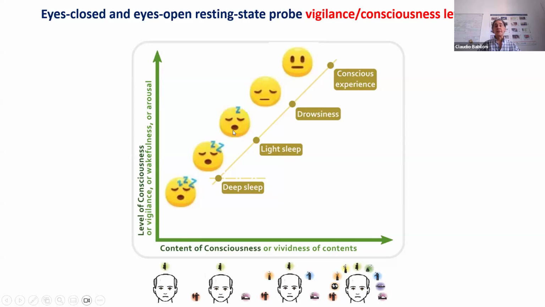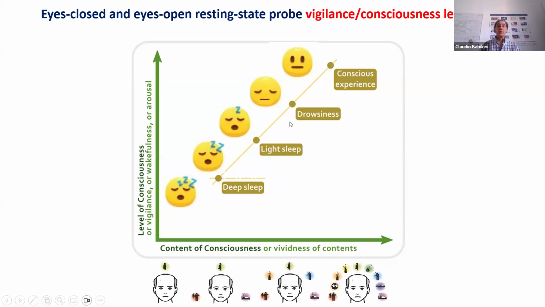It is related to the functioning of ascending subcortical neuromodulatory systems: the reticular formation of the brainstem, the cholinergic nuclei of the forebrain, and also ascending orexinergic and histaminergic systems from the hypothalamus.